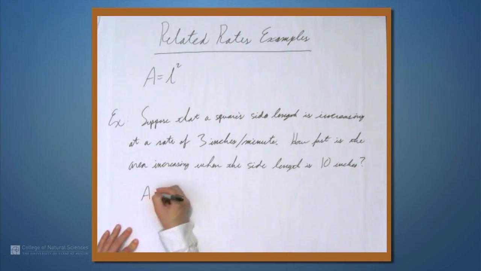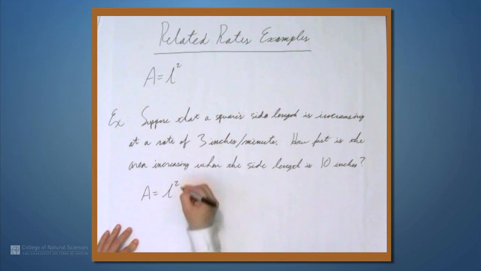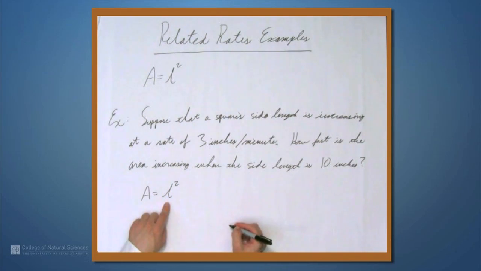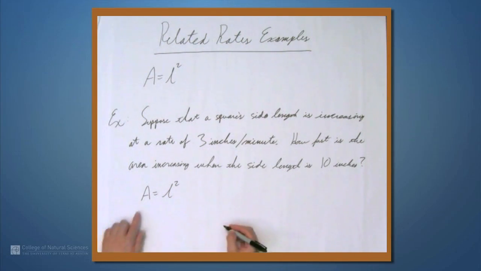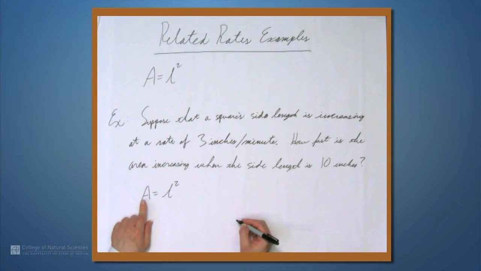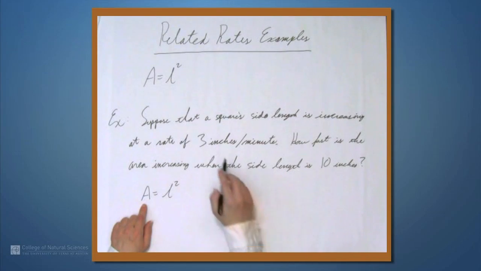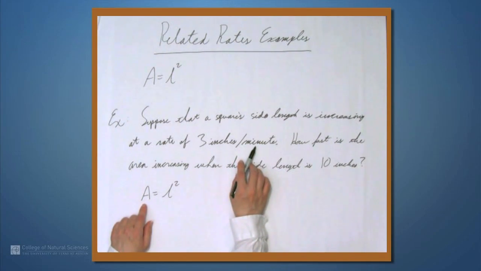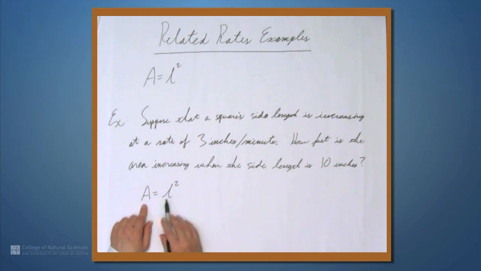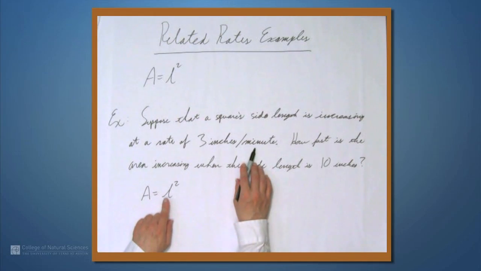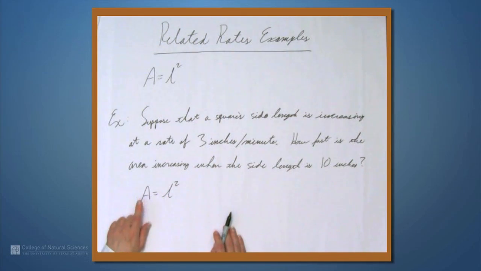A equals L squared. A is the area, L is the side length. So now we're going to differentiate both sides with respect to t, right? Because this is changing with respect to t. The side length is changing with respect to t, and we're looking for the change in area with respect to t, right?